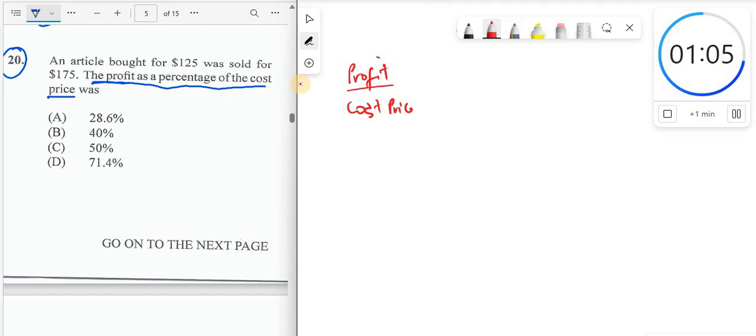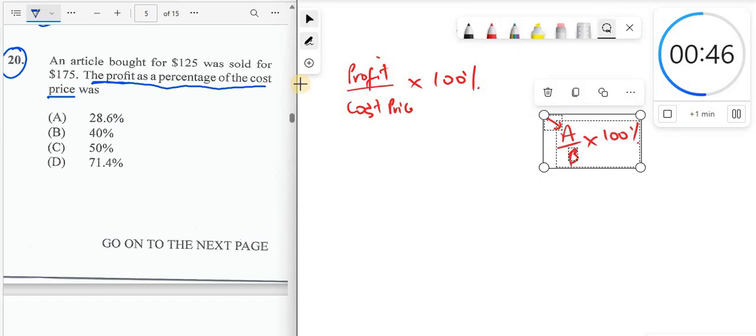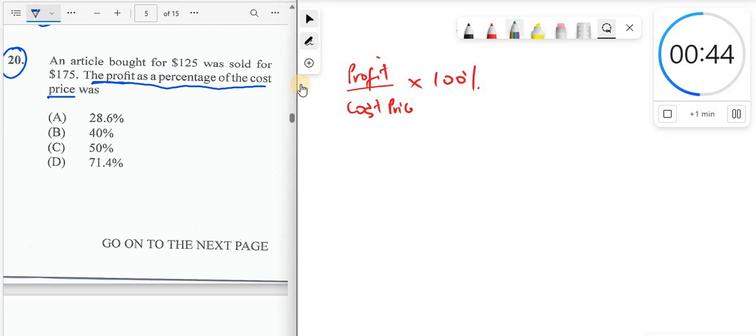So profit goes on top, cost price below, and multiply by 100%. If you want to express A as a percent of B, you put A over B times 100%. That means you're expressing A as a percentage of B. Okay, remember that. So it's profit expressed as a percentage of cost price.